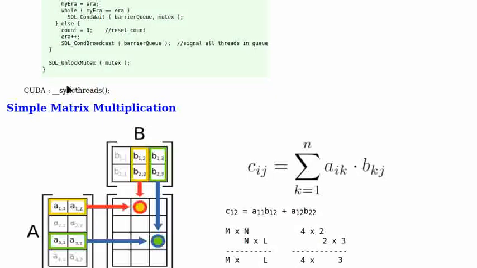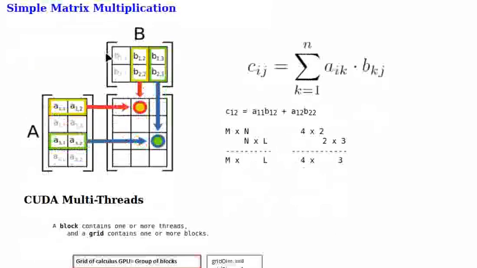CUDA simplifies this process by providing the command syncthreads, which synchronizes threads as they reach a barrier. We discussed matrix multiplication in a previous video.